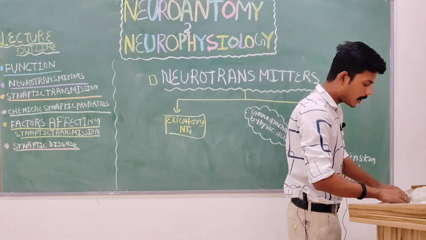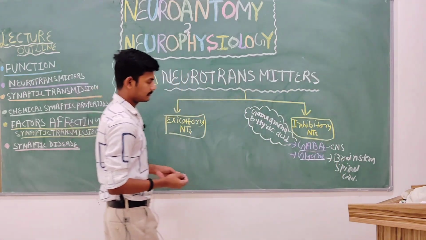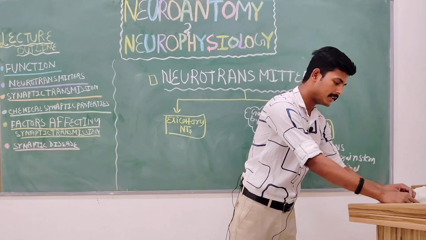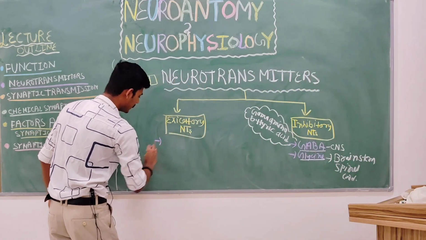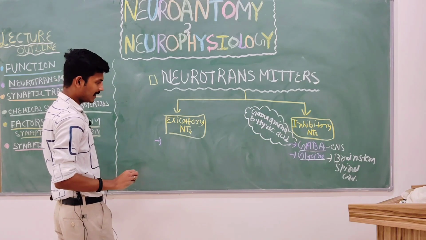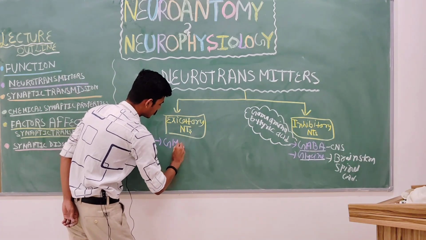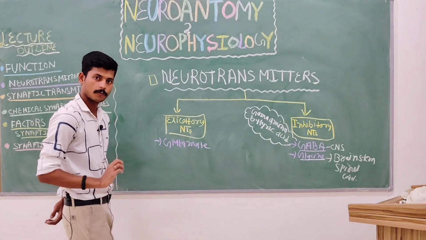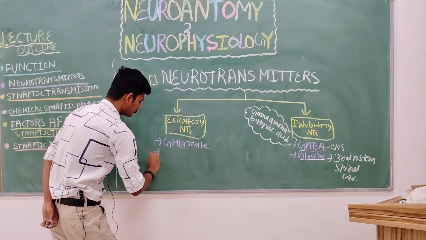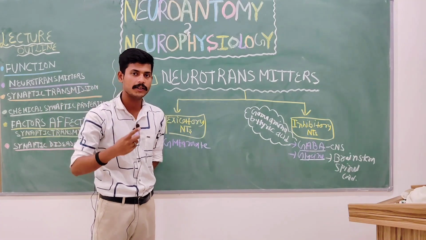Now let's talk about some of the excitatory neurotransmitters. Among the excitatory neurotransmitters, the prime or most widely present neurotransmitter is called glutamate. Fine. Then we have already seen one neurotransmitter. Can you recall it?